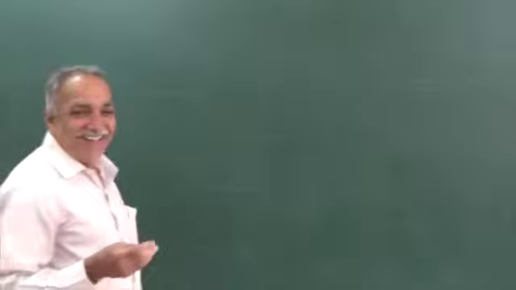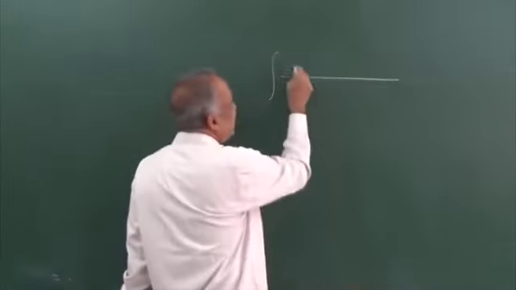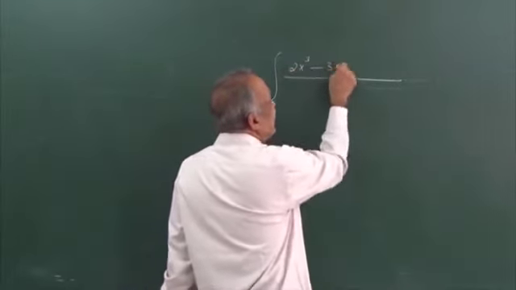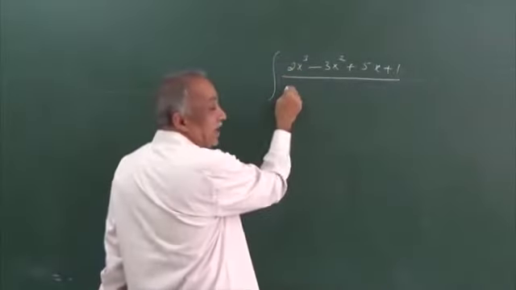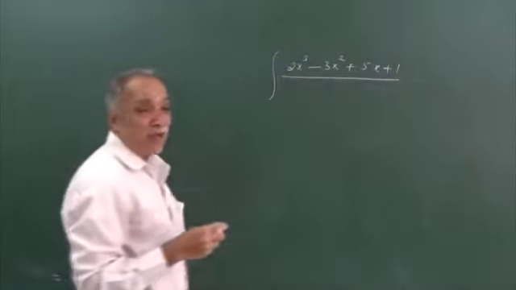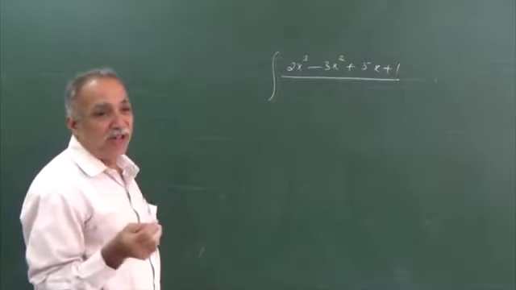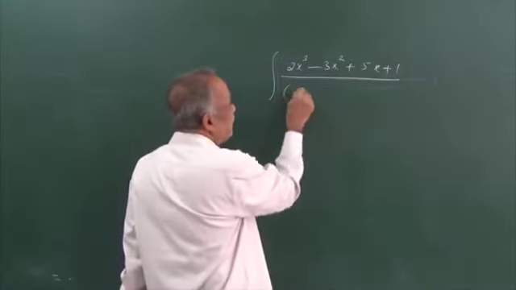Yes. As a next example, I will be considering an arbitrarily chosen cubic divided by an expression of the form (ax square plus b) into root of (cx square plus d), where a, b, c, d are constants. Let me have a, b, c, d specifically chosen.